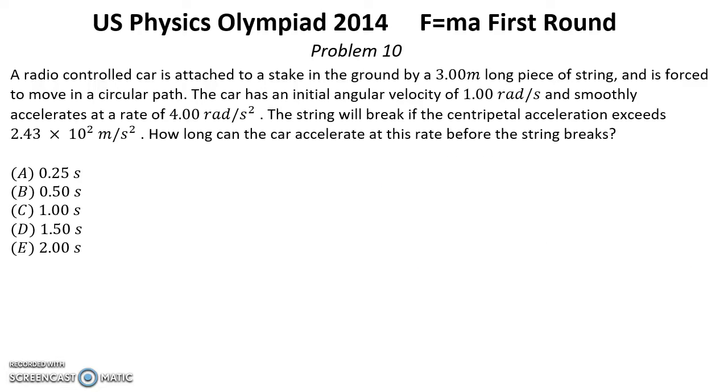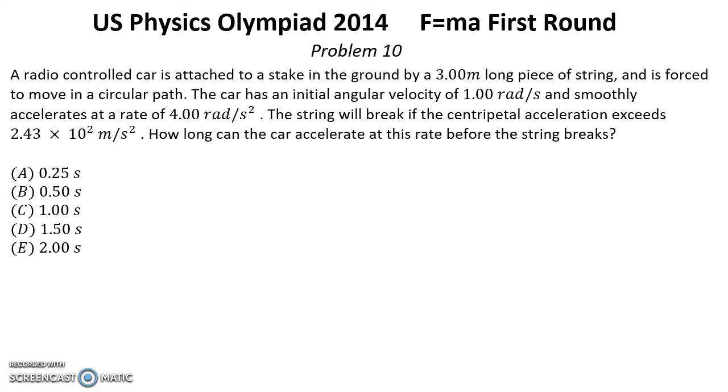Problem number 10. A radio-controlled car is attached to a stake in the ground by a 3 meter long piece of string and is forced to move in a circular path. The car has an initial angular velocity of 1 radian per second and smoothly accelerates at a rate of 4 radians per second squared.